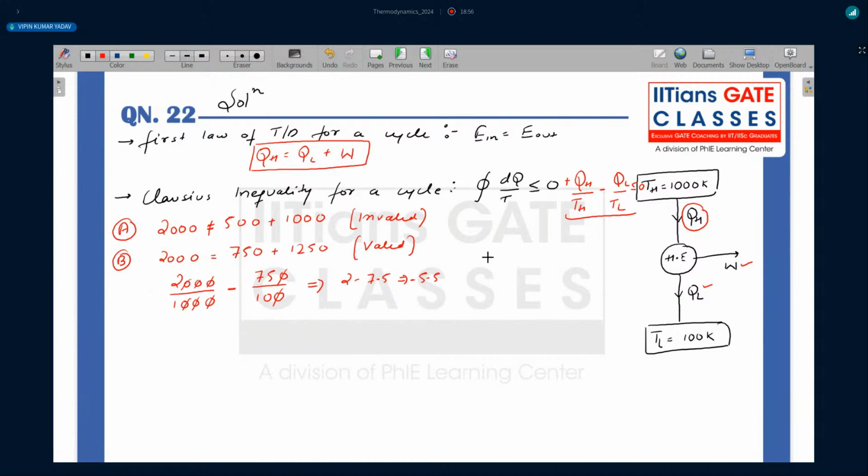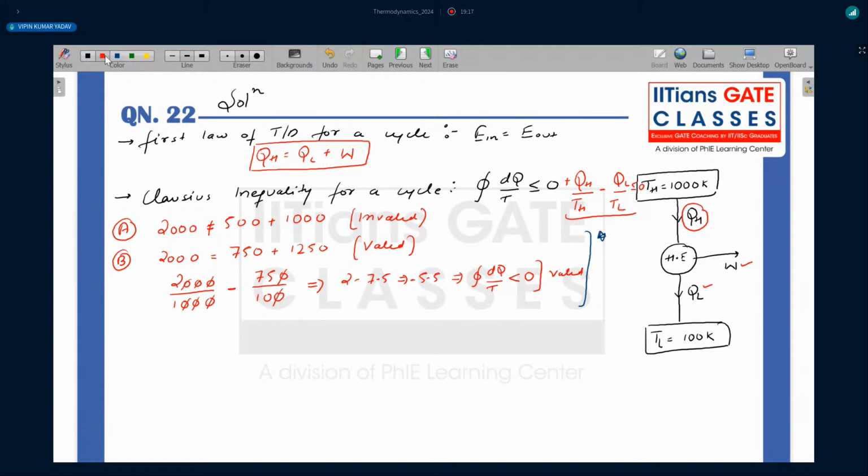That means my cyclic integral of dQ by T for this particular combination is less than 0. So this is also valid. For option B, both the conditions are valid.